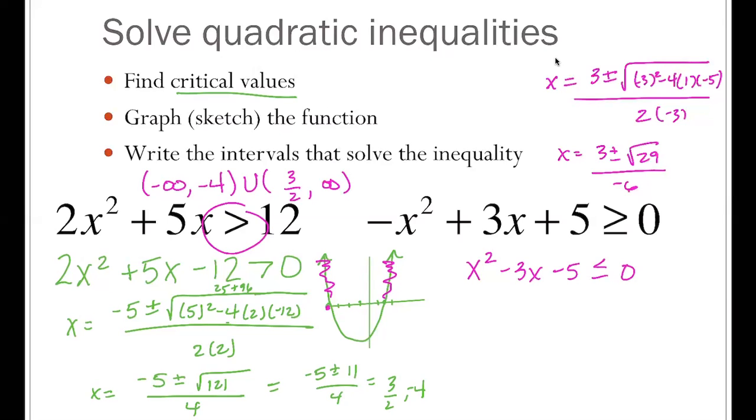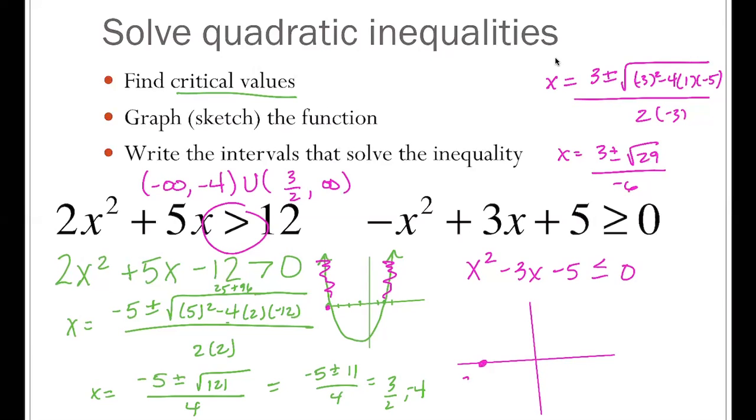Now, when you look at these, they will not come out to be very nice numbers, but you can go ahead and graph them as well, because it will help you. So if you do 3 plus the square root of 29 over negative 6, that's going to give you a negative value.